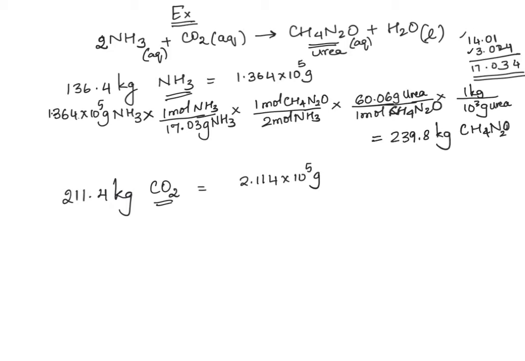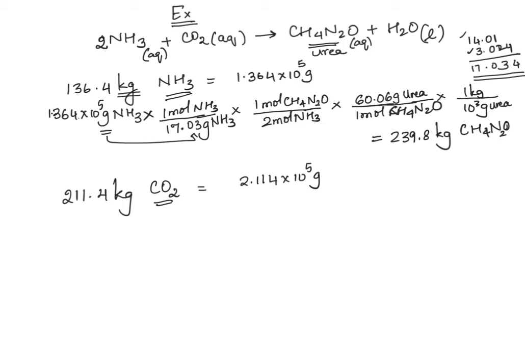It's a long calculation. If you want to, pause the video and go over it one more time. So here we were given kilograms of ammonia. We converted into grams because that's the only way we could convert it into moles of ammonia.